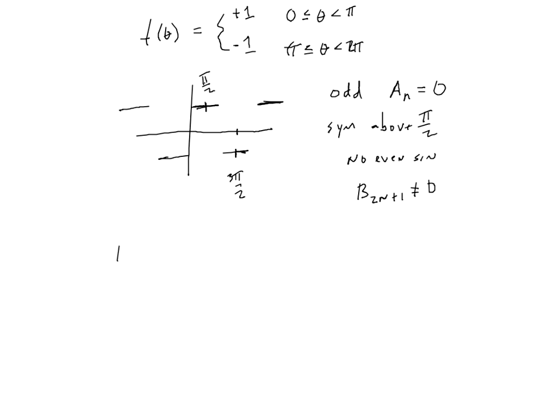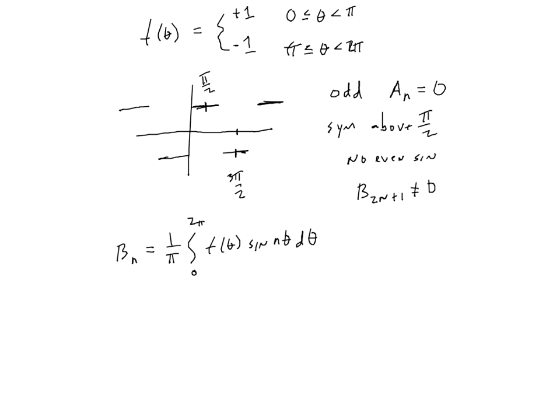So your b sub n coefficient is going to come from 1 over pi times the integral from 0 to 2 pi of f of theta sine of n theta d theta. Okay? This is just the generic formula.